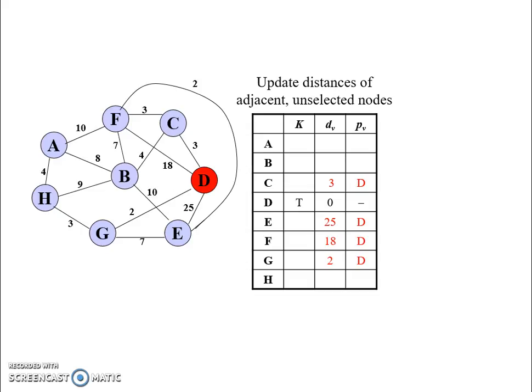Now we select a node having the lowest cost which is not visited. In our example, node G has the lowest cost which is 2. So we select G as the second node and include G in our spanning tree, so we change the K value for G to true also.